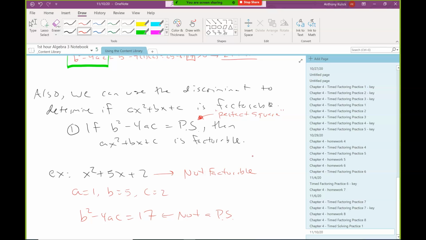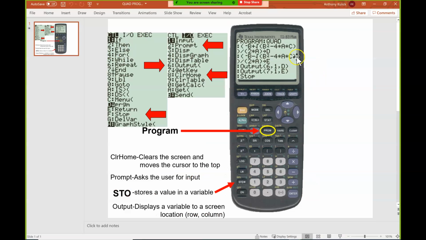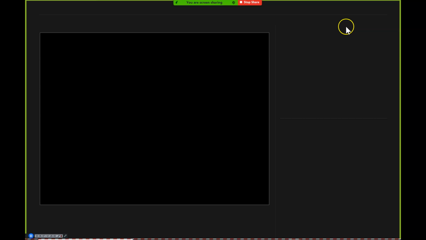Good. So the next thing I want to do today is we are going to use our graphing calculators to write a program. If you have your graphing calculator with you and you want to take it out and follow along, I encourage you to do so.